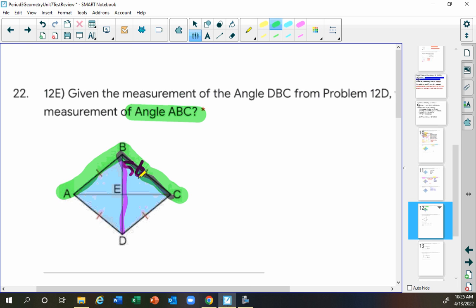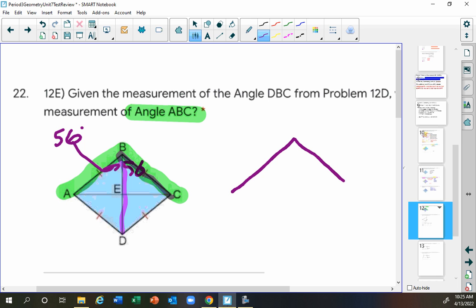But we said if this part was 56, then this other part is also how many degrees? All right, so we have a 56 for one side, 56 for the other. So then what must the total angle measure be for ABC? How much? Not 89.